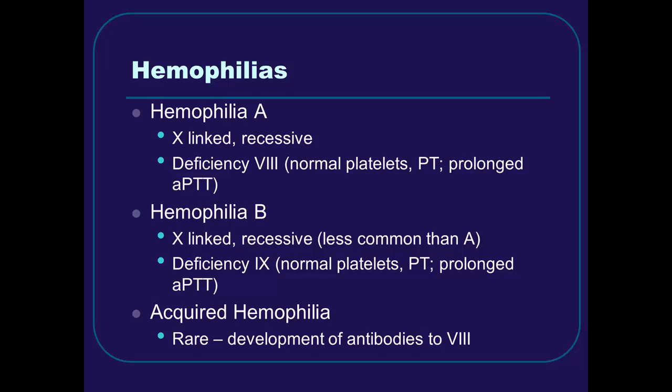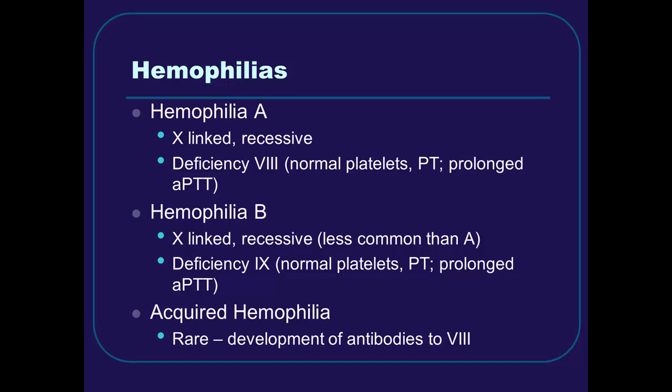The overwhelmingly most common type of hemophilia is hemophilia A, and this represents about 80% of the hemophilias. Hemophilia A and hemophilia B is an X-linked recessive genetic disorder. So this means that the mutated gene is on the X chromosome. Remember, the X chromosome is the female chromosome.